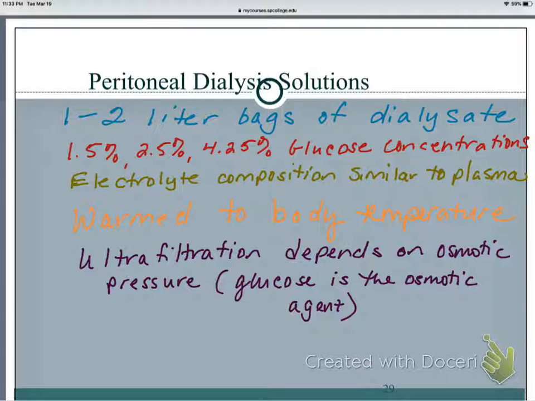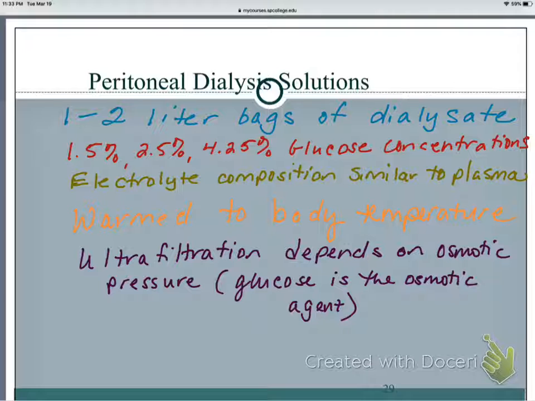All right. So a little bit about the dialysate solution. Have any of you ever seen it? You know they're huge bags, okay? Generally they're maybe 1 to 2 liter bags. They may have one going at one time and have another one ready to go after. But generally they're high glucose concentrations. So you can see there are various concentrations they use, and electrolytes.